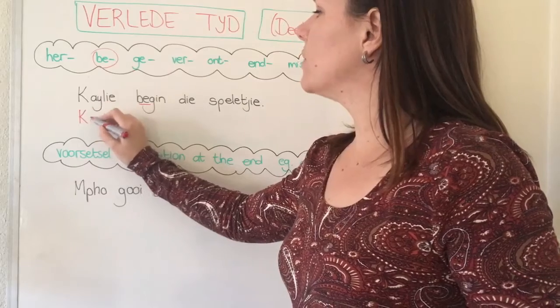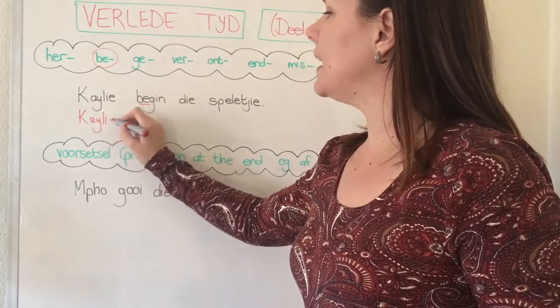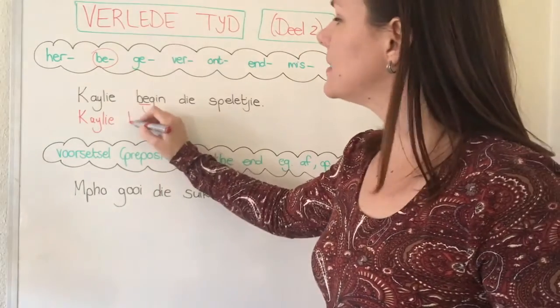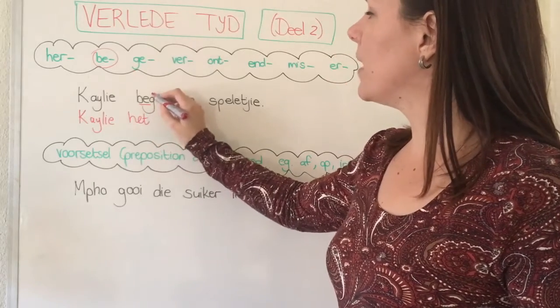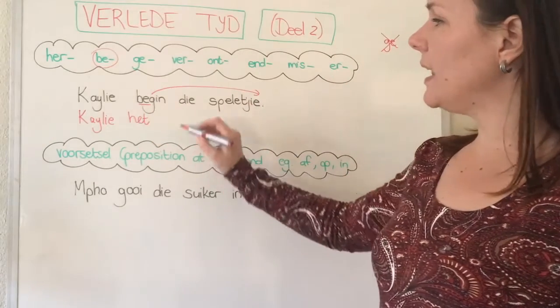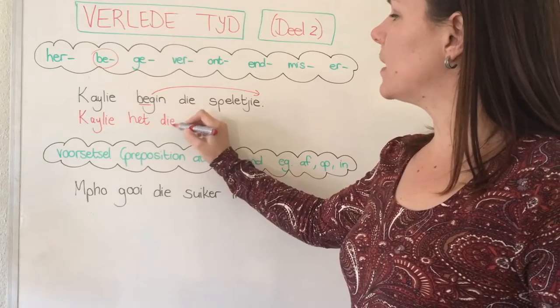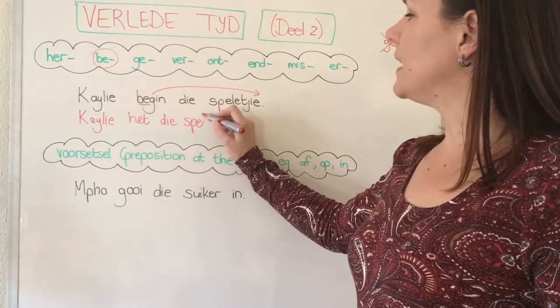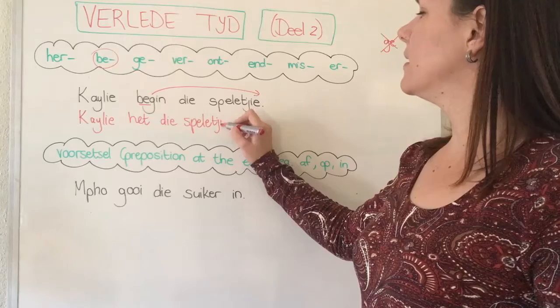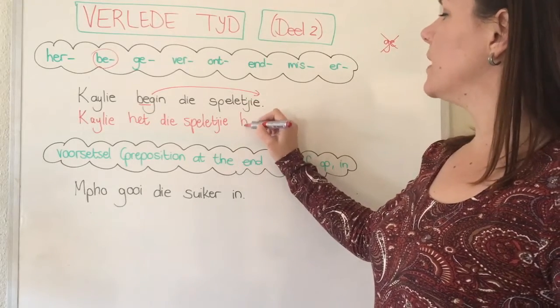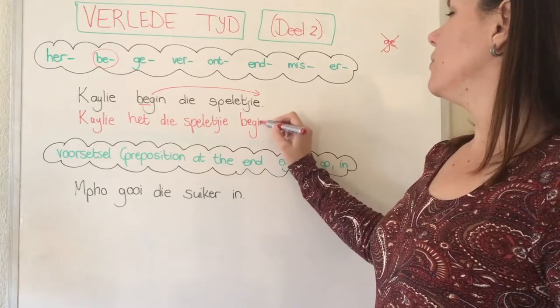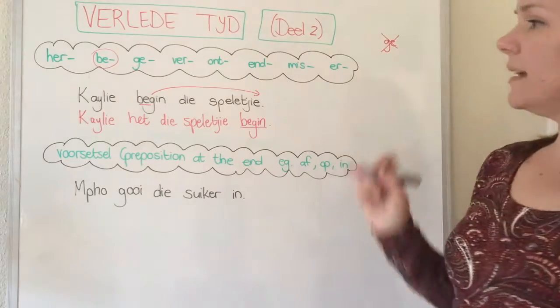So I start with my subject, Kylie, then I add het. Remember, my verb is going to move to the end, so then I do the rest of my sentence, die speletjie, which is the object, and then my verb begin, without adding ge.